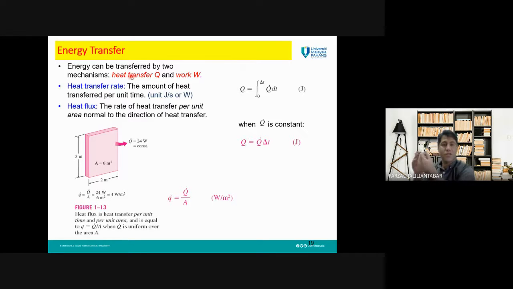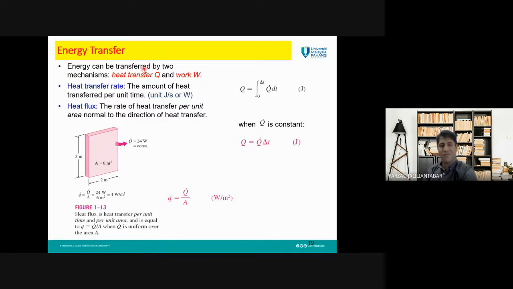It's about the transfer, this heat transfer process. So now we will discuss more about the energy transfer.